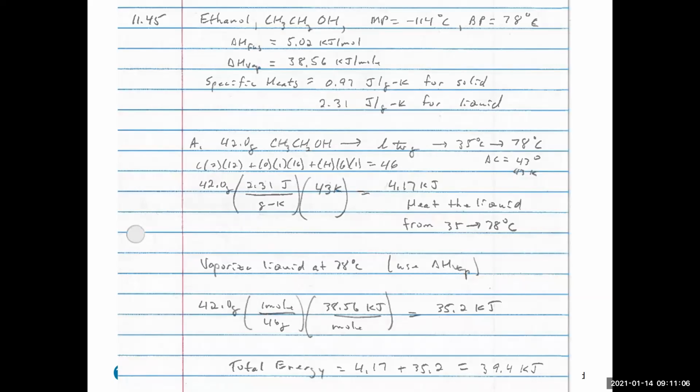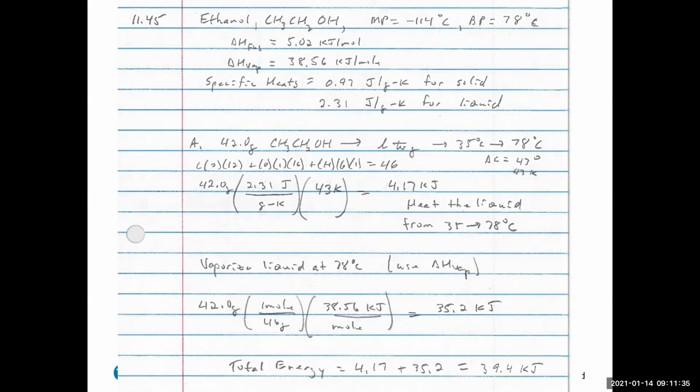A lot of times you can get tip-offs on what you're going to need just by looking at the units of the constants that were given. This goes back to what we talked about a lot last semester, dimensional analysis. By understanding the units and what units we have to cancel out, even if you're stuck, sometimes you can piece together what you need to do just by canceling the units out appropriately.